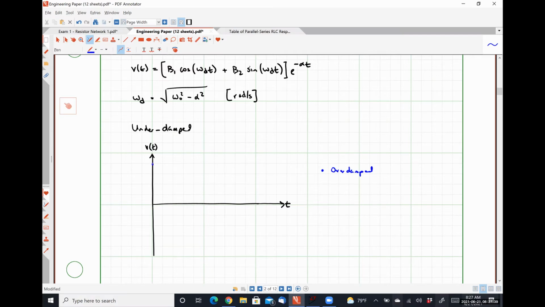We start with some initial value. We decay, actually, I don't want to ring. Decay very slowly until we hit 0.